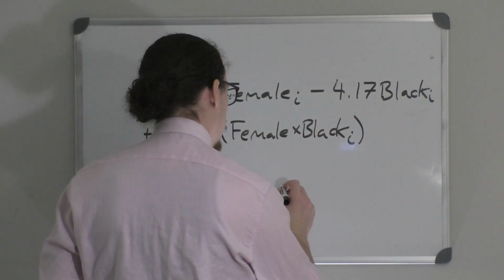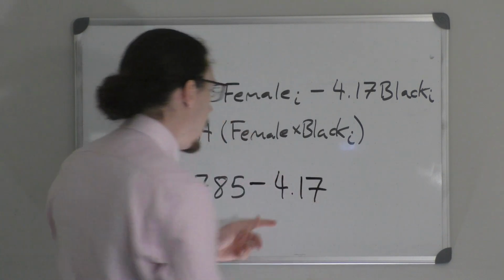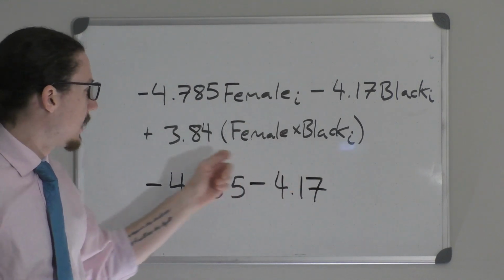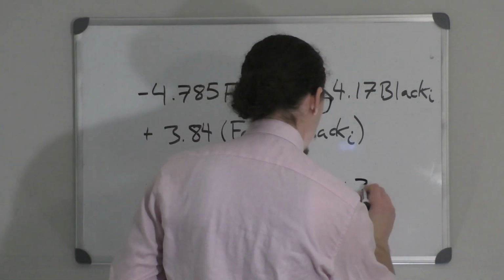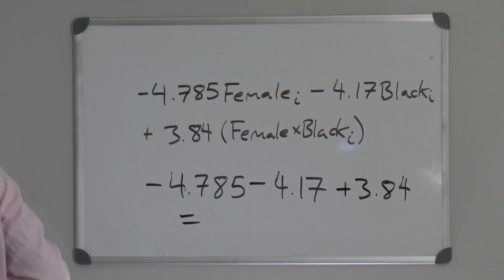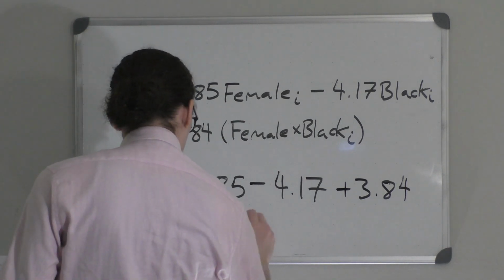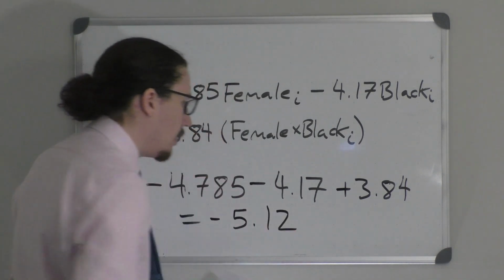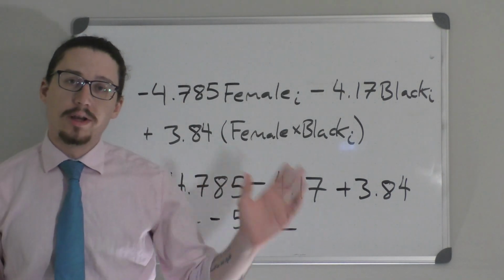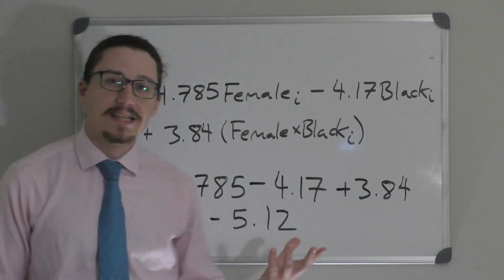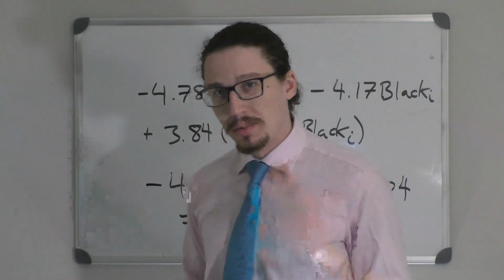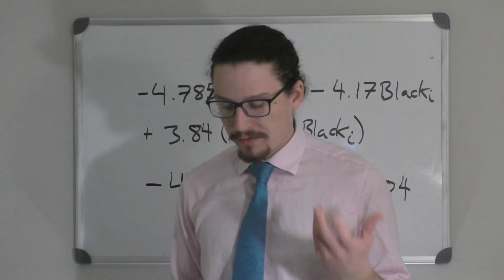Black is going to be 1, so minus 4.17, and then you're going to have a 1 here for female times black, so plus 3.84. All right, so depending on how you round this, you might get either negative 5.12 or negative 5.11. But that is the effect on wages.